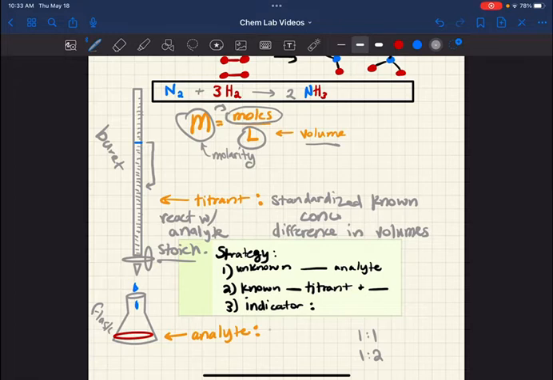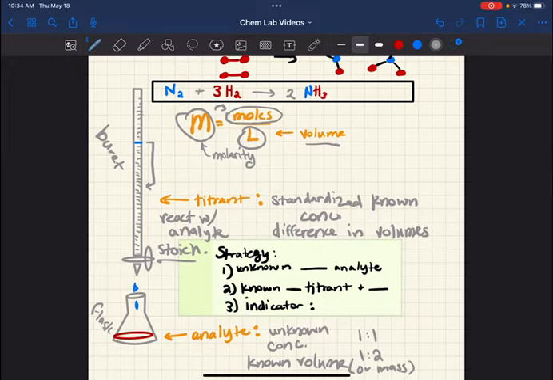So analyte is unknown concentration most typically, but known volume usually. So we would say, okay, let's put 10 milliliters. It could also be known mass. We put 20 grams of solution or 20 grams of solid, sometimes even.